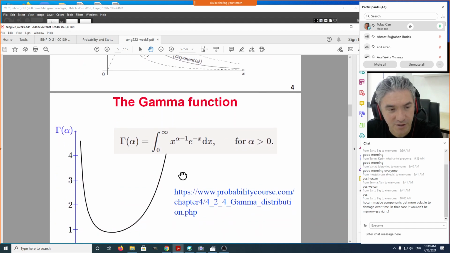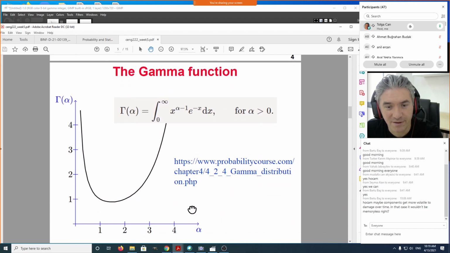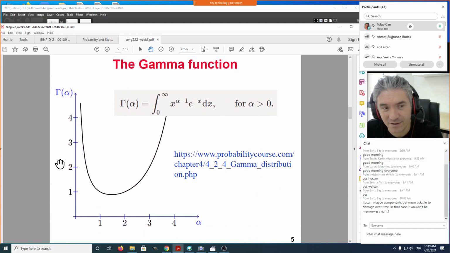And the gamma function, actually, yeah, I have that. It's not in the textbook, but I have the gamma function from some other course. It is written as an integral from 0 to infinity of x to the alpha minus 1 e to the minus x.